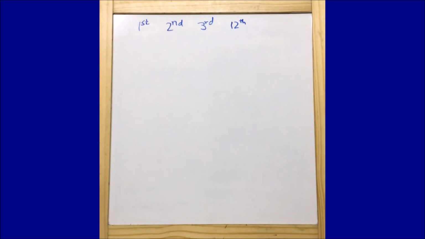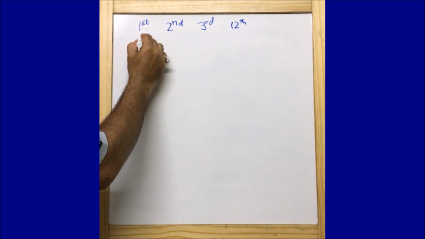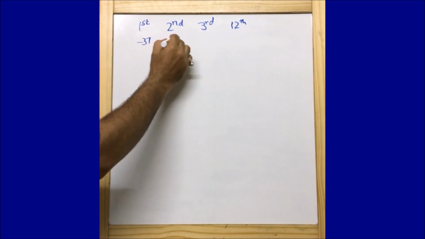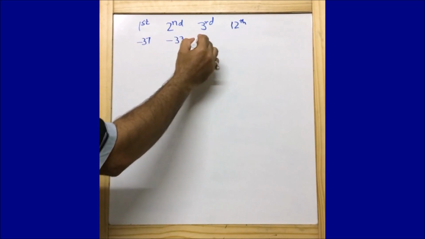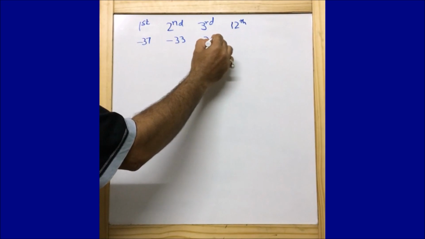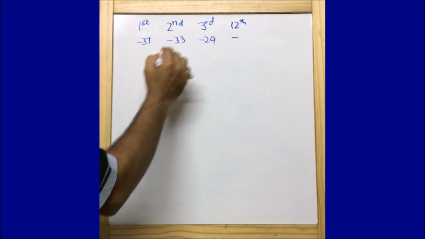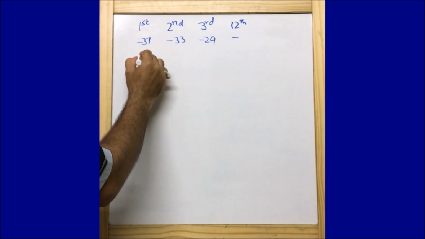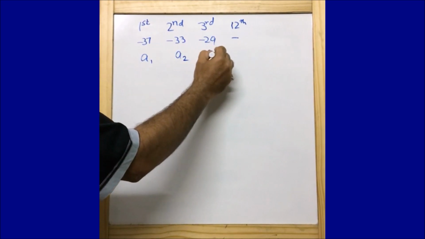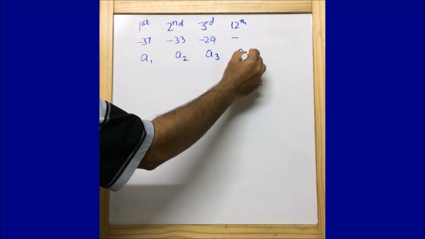So the first term is minus 37, the second value is minus 33, and the third value is minus 29, and this one we don't know, we are going to find out this value. Let us name these A1, A2, A3, A12.